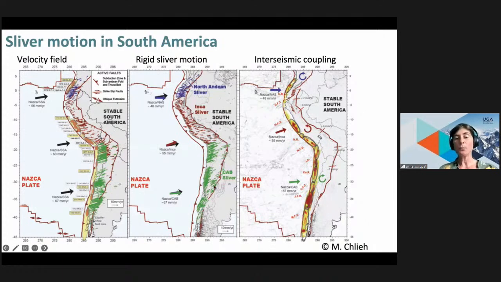While here in Chile, we also have a sliver that moves towards the east, but that has a clockwise rotation. So we immediately understand that there is a little problem when we want to understand what happened in Arica, because we don't have a boundary limit here, and it's probably necessary to have more robust and more realistic modeling schemes that take into account the internal deformation together with the interseismic loading.